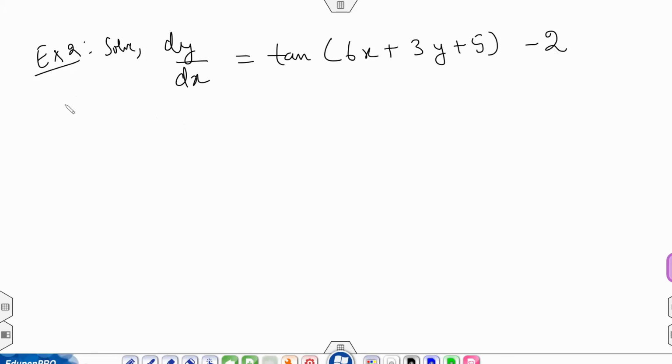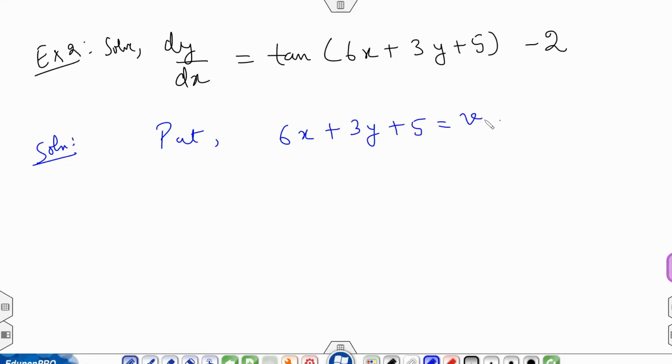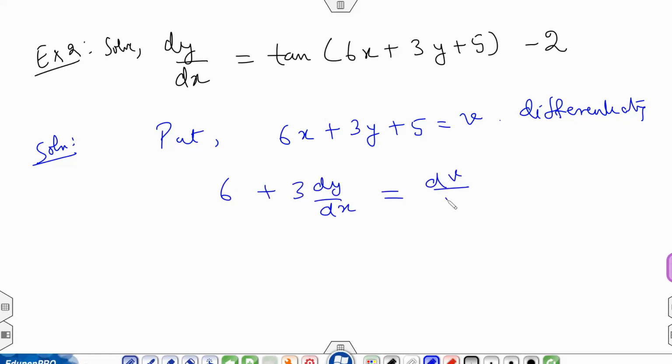Now let's see how we can solve this differential equation. What you can do is just put 6x plus 3y plus 5 is equal to v. Now again differentiate it. Differentiating, we will get 6 plus 3 dy by dx is equal to dv by dx.